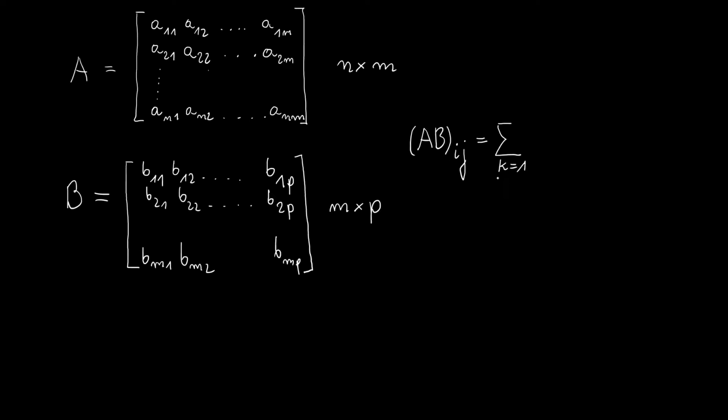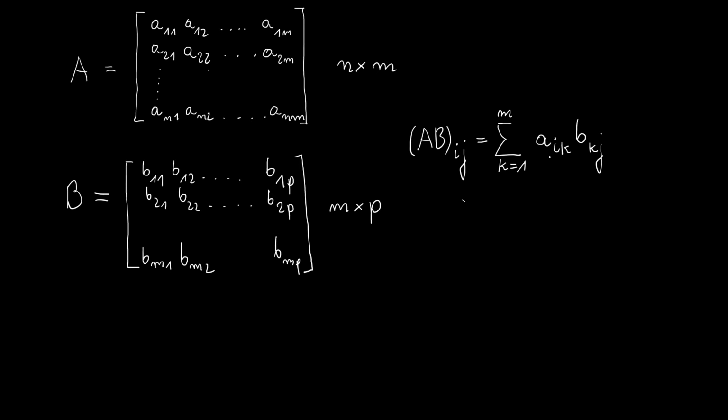Now k: row from A, column from B. So we will iterate k from 1 to m, because this is the length of the row in matrix A and the length of the column in matrix B. And now A_ik times B_kj.